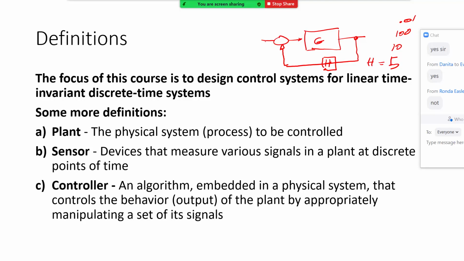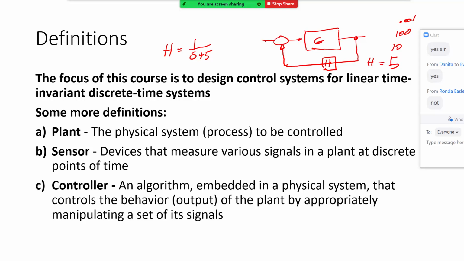I do not have H equal, for instance, 1 over s plus 5. If the system has a transfer function like this in H, it means the sensor is not instantaneous. It has some dynamics that I have to take into account. Does that make sense, everybody? So when it is a scalar, that tells me that the sensor is very fast.